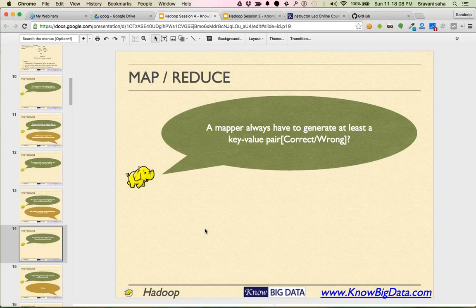A mapper always has to generate at least one key value pair. Is that correct or wrong?